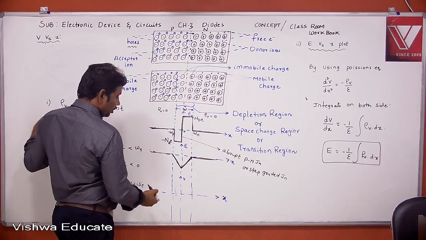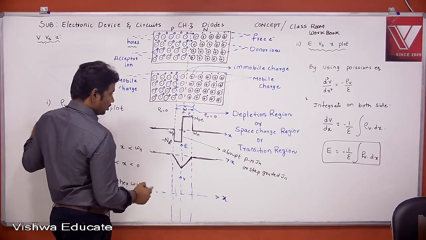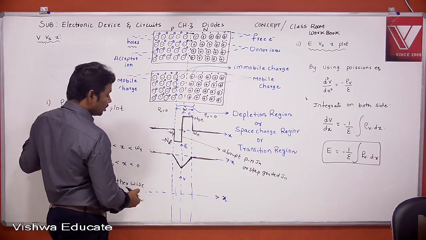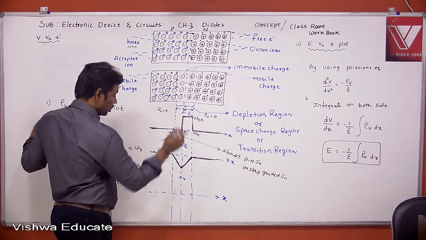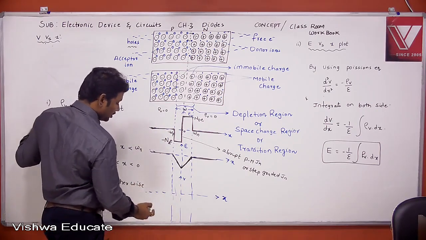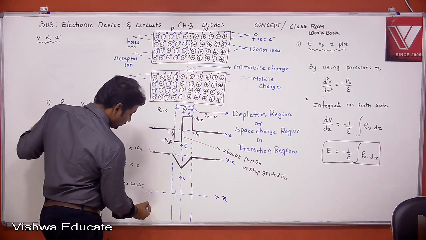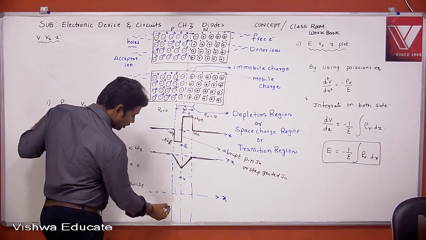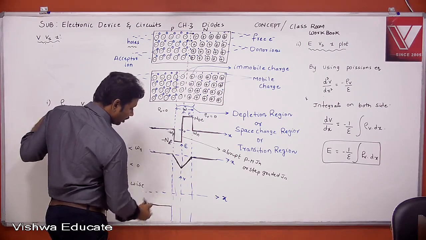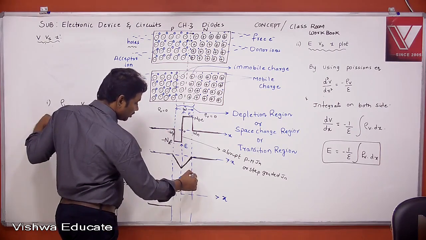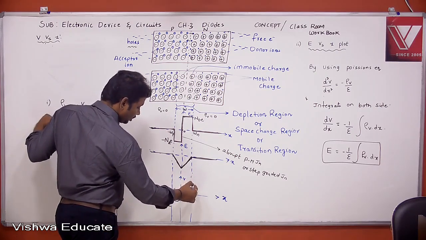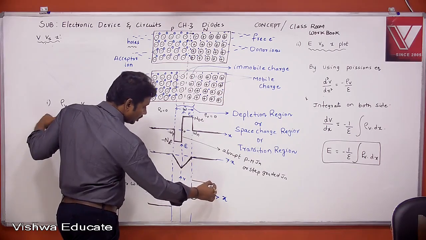Here the potential is constant. Why is the potential constant outside the depletion region? Because of charge neutrality. On the P side, the potential is constant because of charge neutrality. Similarly, on the N side, the potential is constant because of charge neutrality.